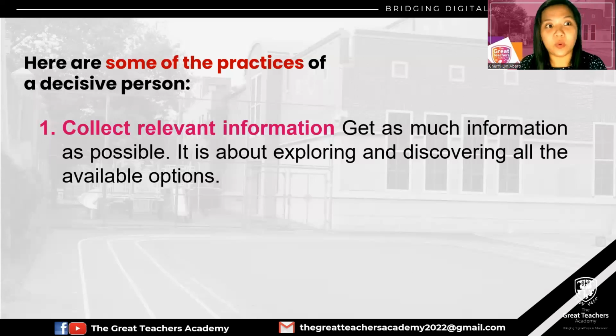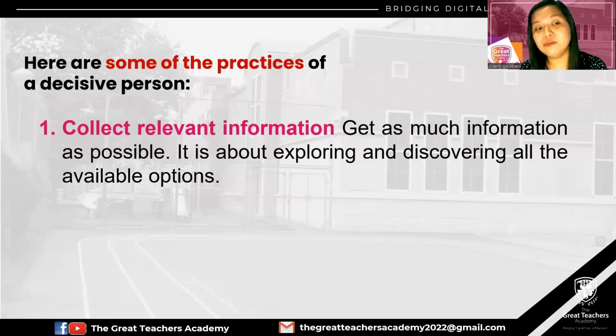So, yun yung nagustuhan mo and yun na yung pipiliin mo. Hindi porket sinabi mo nung grade 9 ka na gusto mong maging teacher, gagawin mo talaga pagdating ng college. Pwedeng magbago yung decision natin because of some factors.